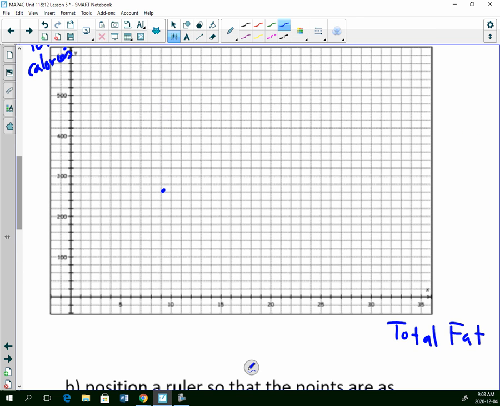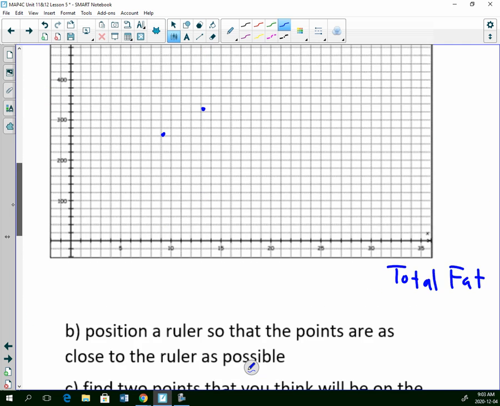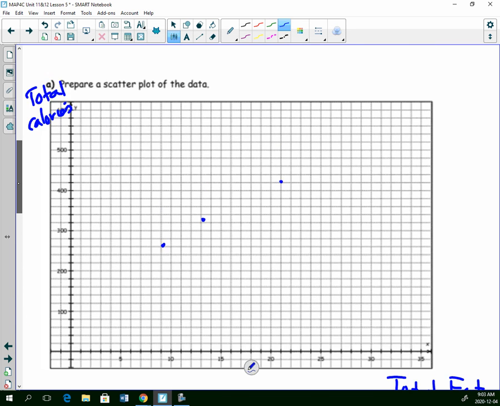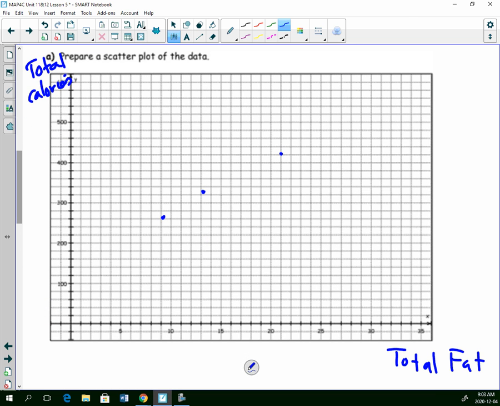So 13, 320 is 1, 2, 3, 320 is here. 21, 420. 21, 420 is there. 30, 530. 30, 530 is there.